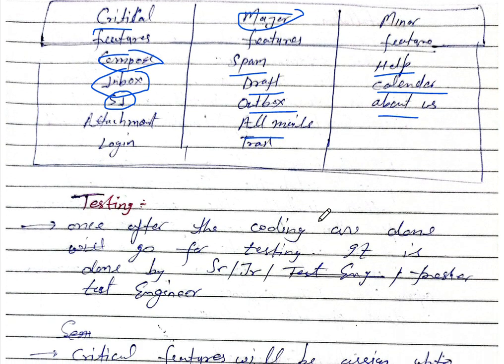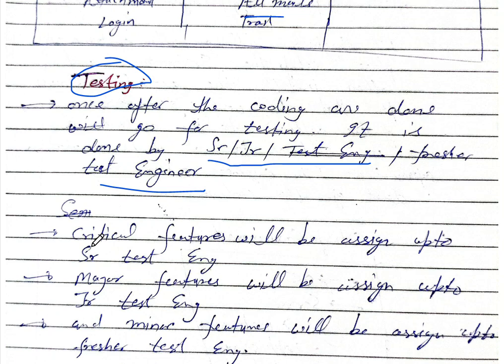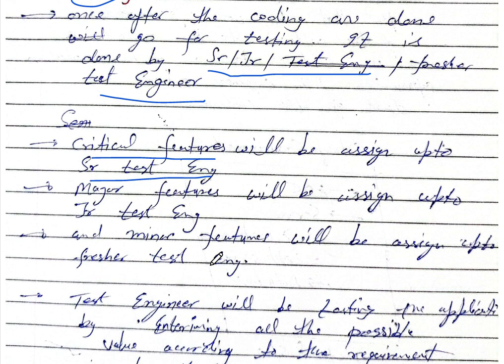So once after the coding, we go for the testing. It is done by the same senior, junior, and fresher test engineers. Critical features will be assigned to a senior test engineer, major features to a junior test engineer, and minor features to a fresher test engineer.